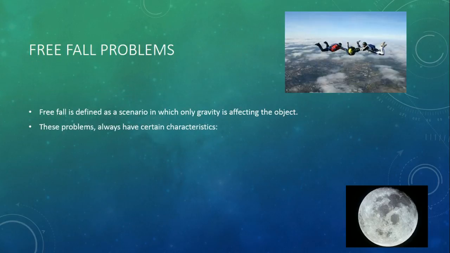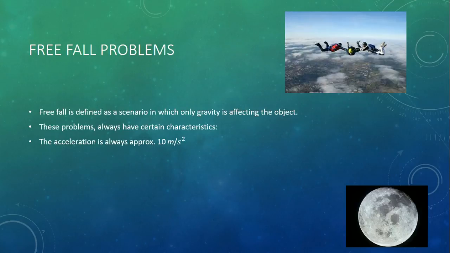And so these problems always have certain characteristics, and it's important to remember or think about them when solving these problems. For one thing, the acceleration is always approximately 10 meters per second squared. The acceleration of gravity is really 9.8, but to keep it simple, we just round it to 10.